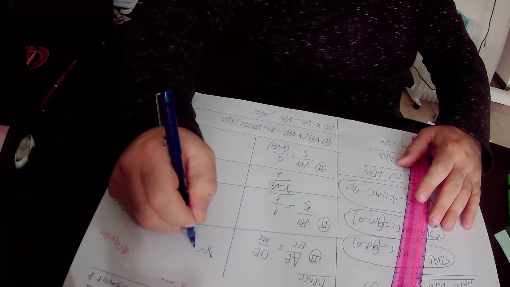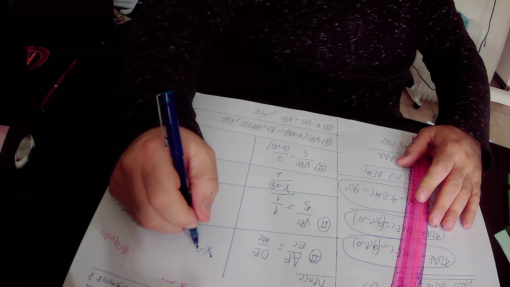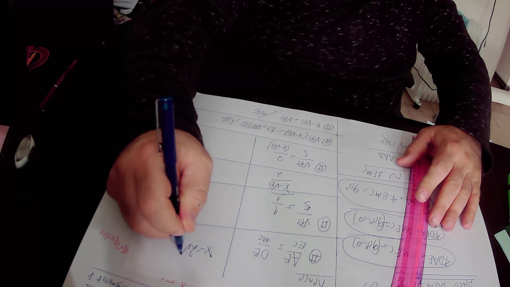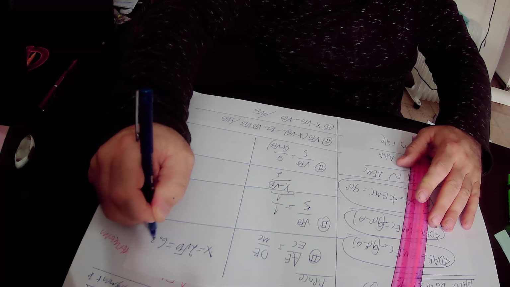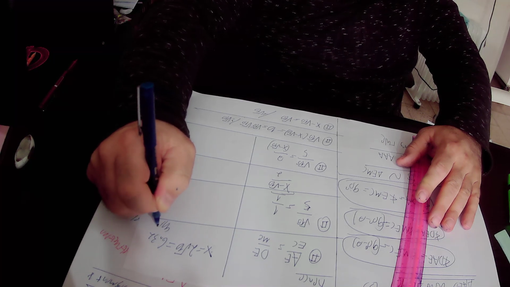x equals square root of 10 plus square root of 10, which is 2 times square root of 10 units, or in terms of numbers it is equal to 6.32 units.